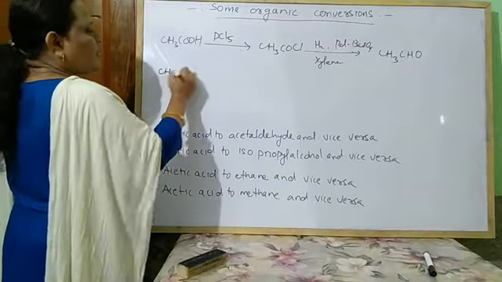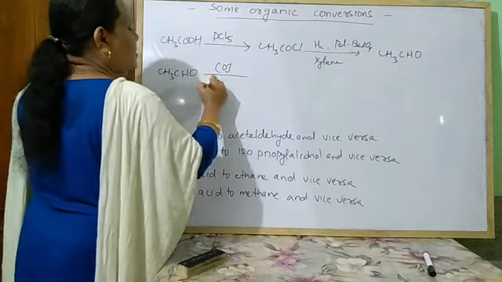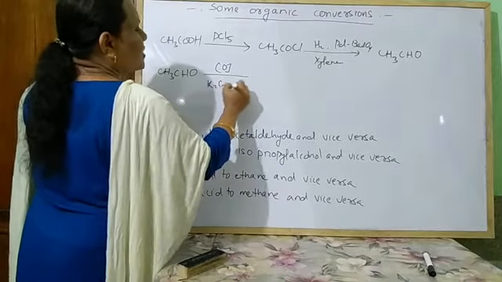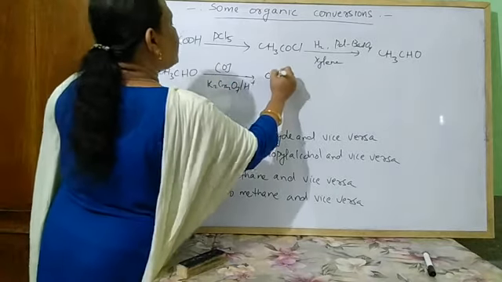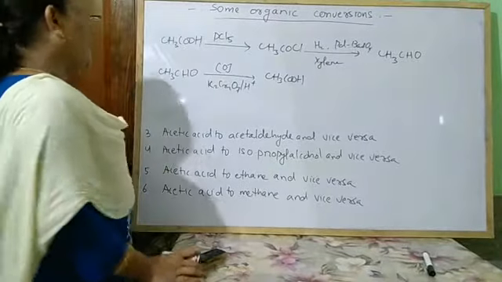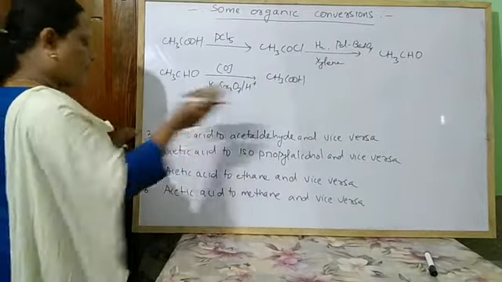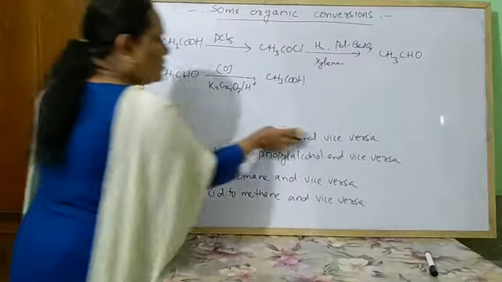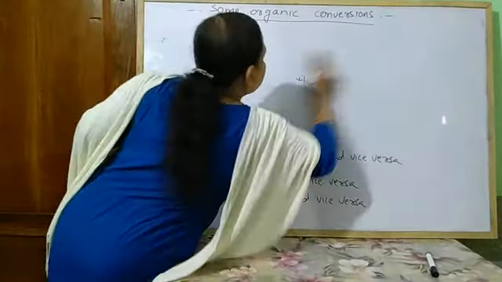So acetaldehyde, when it undergoes oxidation in presence of acidified potassium dichromate, gives acetic acid. Simple. Next, acetic acid to acetaldehyde, vice versa. Next, move to next question.